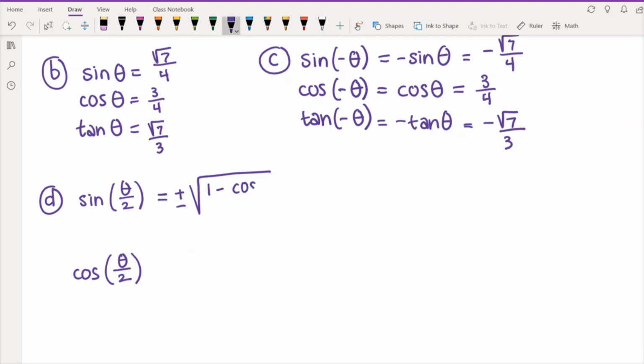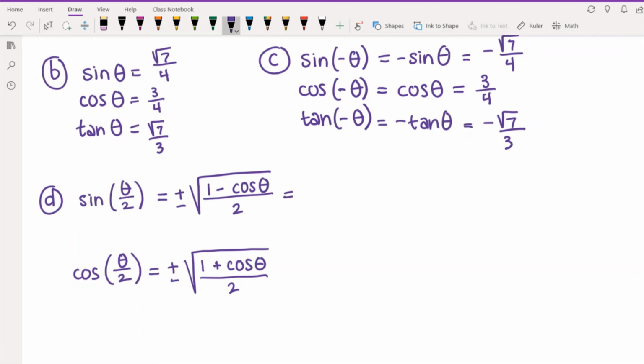Sorry. So they both involve cosine, basically because of where this formula comes from. If you remember when we first came up with this formula, it actually came from the double angle formula for cosine.